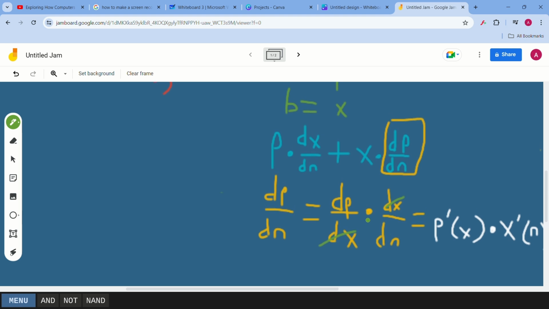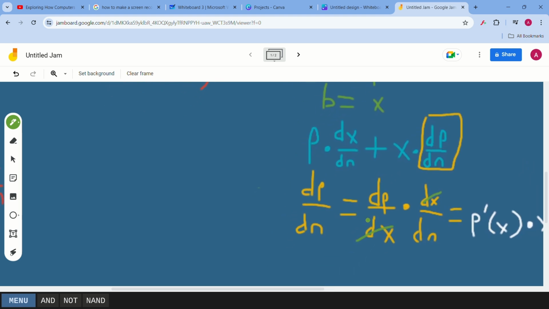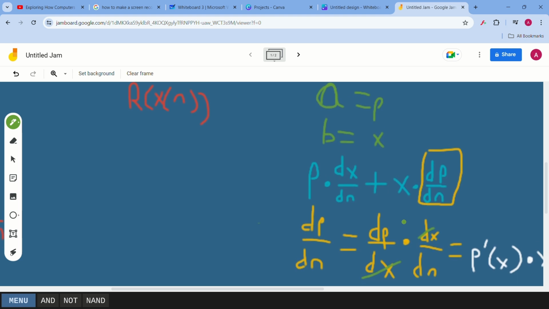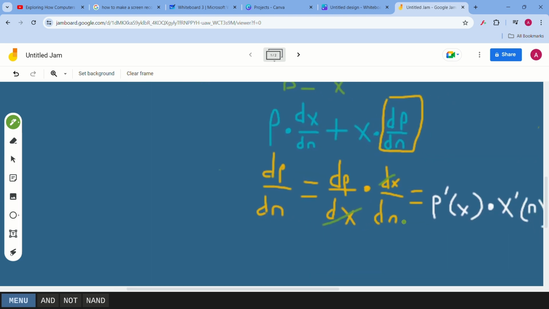We just use it because it's more convenient to teach, because it's not really easy to explain to kids taking this differential calculus course how else to resolve dp over dn.